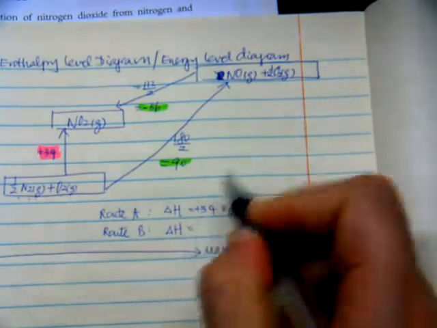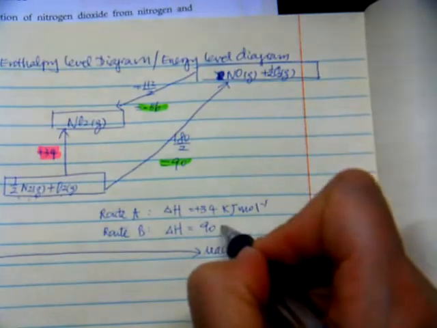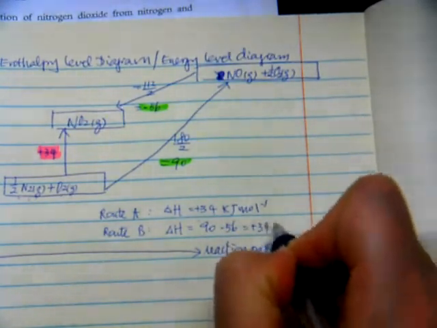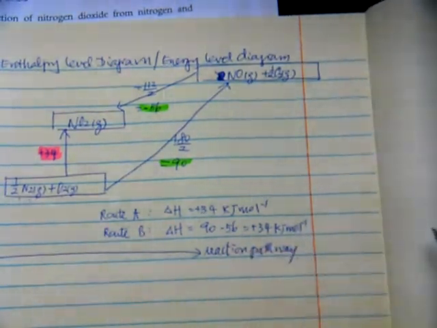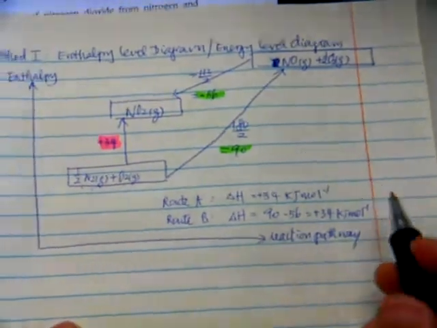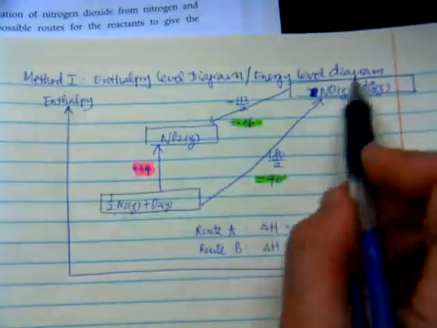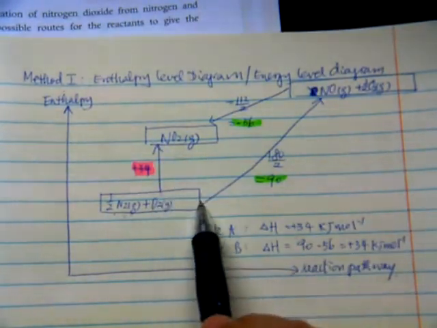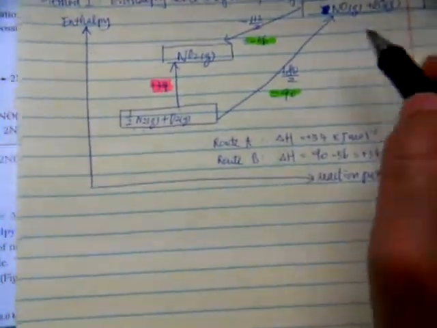The overall enthalpy change is equal to 90 minus 56, which is also equal to 34 kilojoule per mole. Can you see that? They are the same. This is the first method, drawing an energy level diagram. Bear in mind endothermic pointing upwards, exothermic pointing downwards.